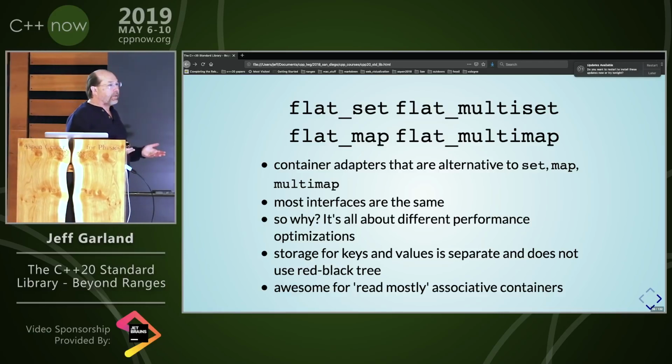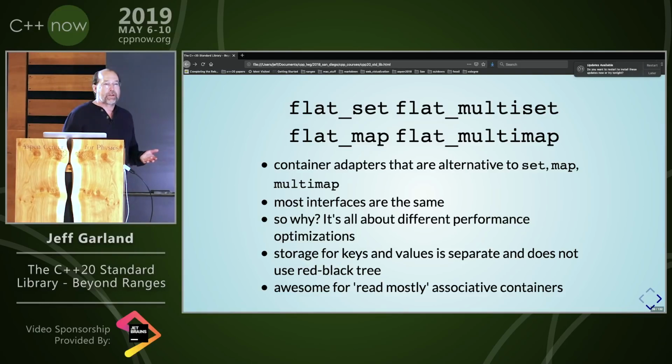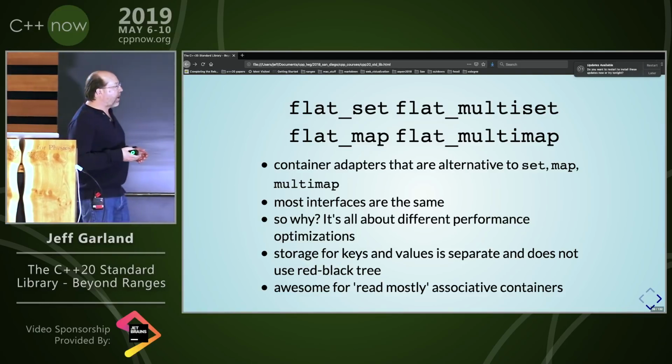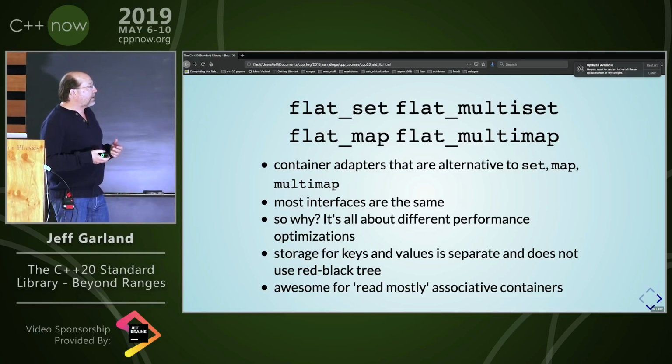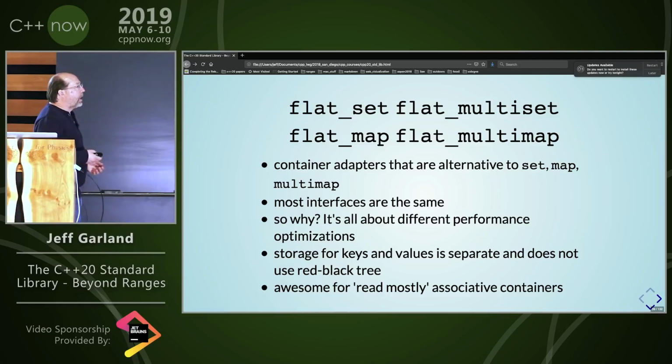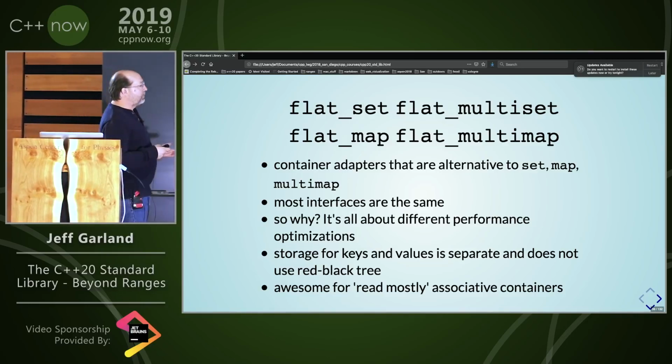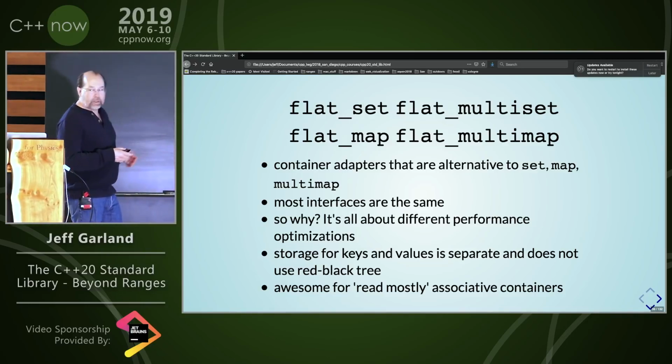His point was that node-based containers and red-black trees weren't the only way to get good find performance. And in fact, there are alternatives. And that's exactly what these container adapters actually provide. So this is really about a different set of performance trade-offs. And we'll see some graphs on that, that you get a very different thing.